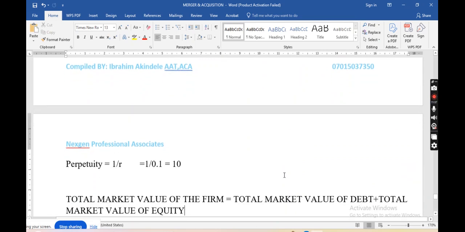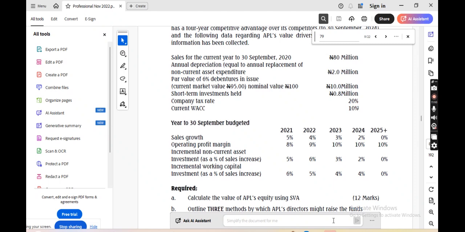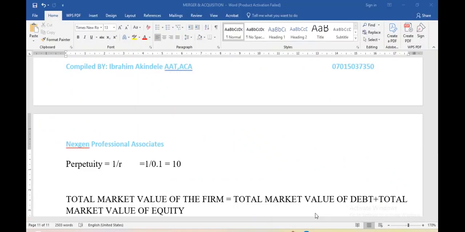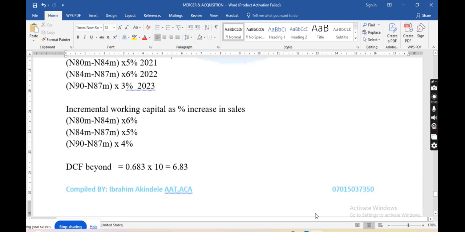Can you see it? Total market value of the firm consists of both your debt and equity. But the question says, what is the value of equity using SVA? Which means that we need to remove the portion of debt.